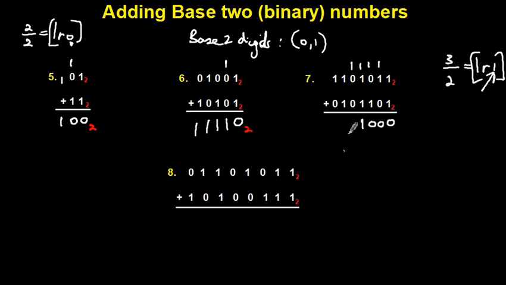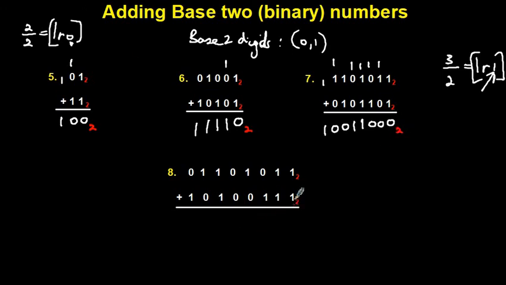Right, so 1 plus 0 plus 0, 1, and 1 plus 1, 2, but we cannot write 2. So based on what we did before, we have to put a 0 and then carry a 1. 1 plus 1, 2, same thing, put your 0, carry your 1, and then 1 plus 0 gives you 1. And remember, all of that is in base 2.